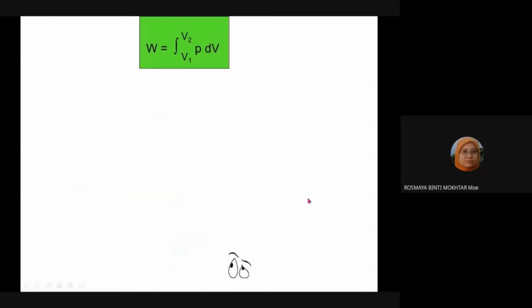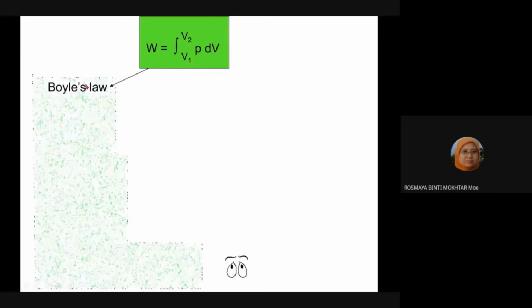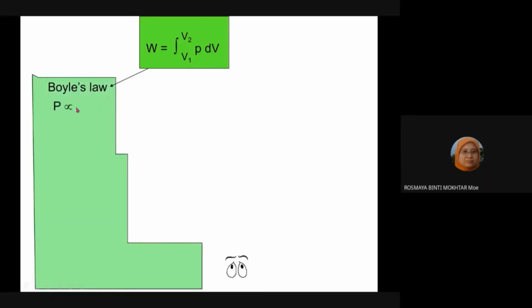Next, we are going to do further derivation for Boyle's Law, Charles's Law, and the pressure law. For Boyle's Law first, it states that pressure is inversely proportional to volume.